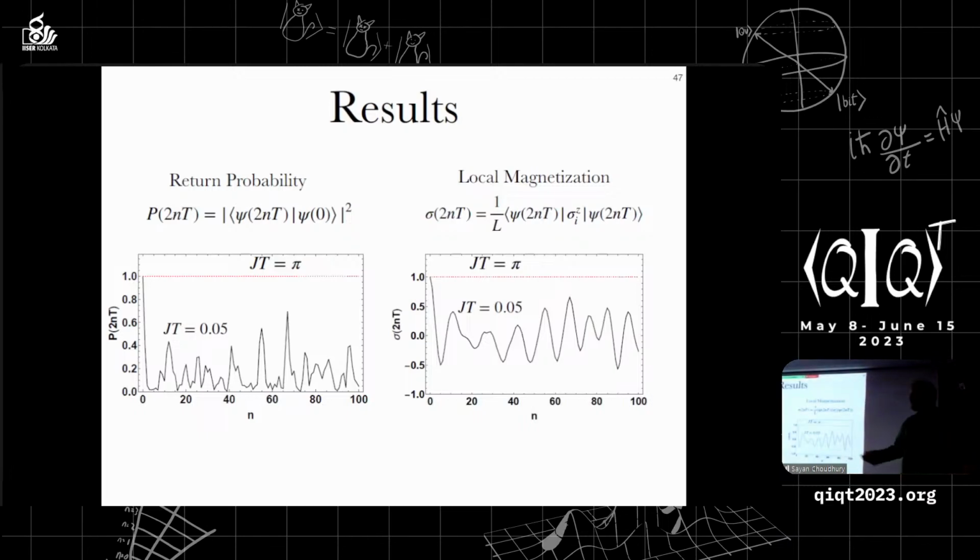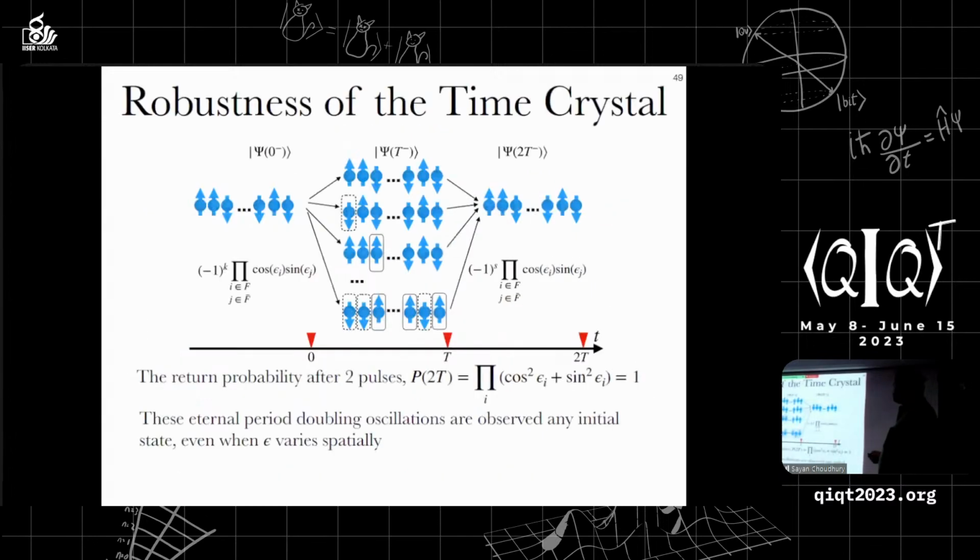And if you look at other kinds of observables like local magnetization, for instance, you would find that this is recovered. And so this is something that you can see for any kind of initial state. This is something that we checked out.